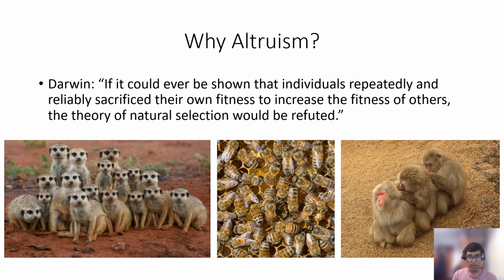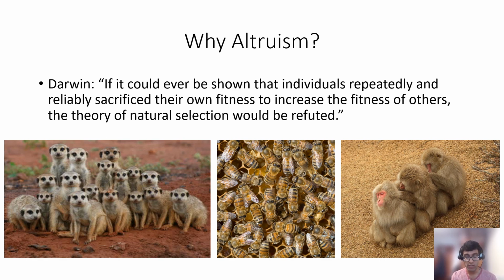And even outside of the realm of reproduction, organisms waste energy behaving altruistically to other members of their species, and that uses up energy that could have been used in finding a mate or reproducing themselves.